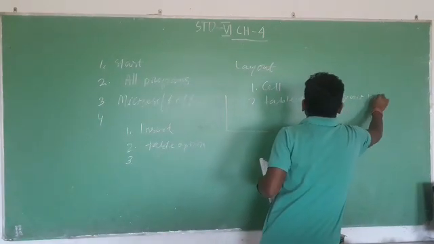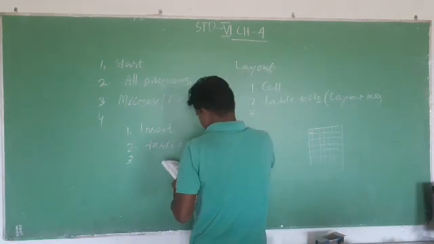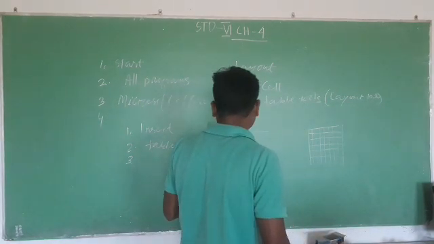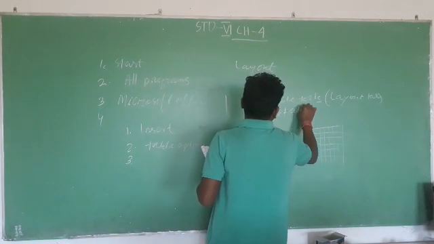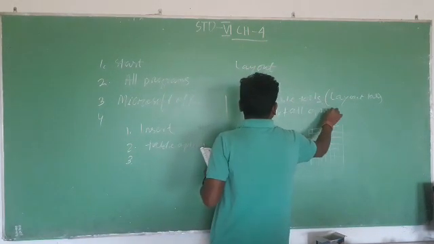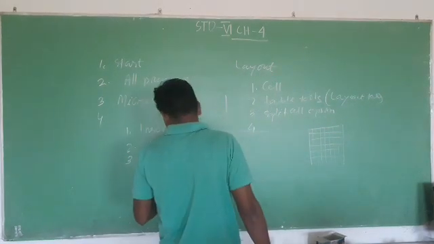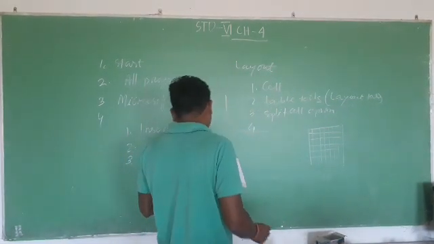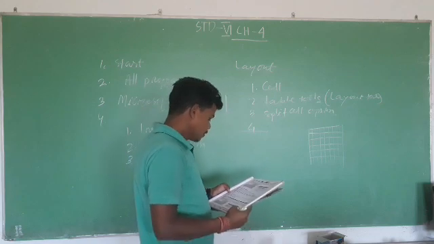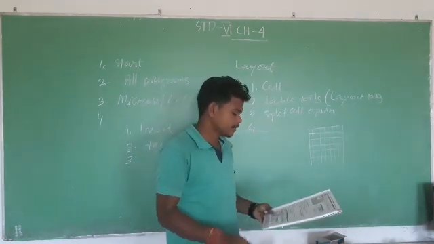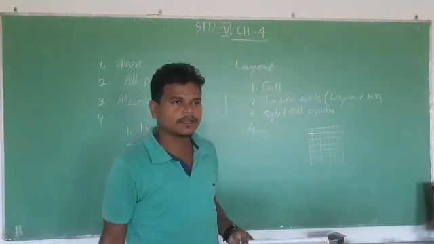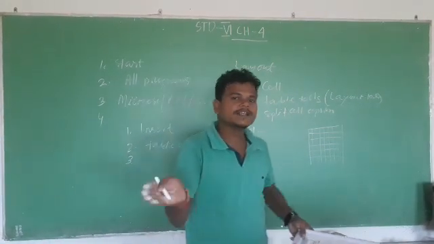Then in step 3, choose the Split Cells option. And then step 4, a dialog box will appear. Select the number of columns and number of rows and click on OK. The cell will be split. So that is dividing the cells.